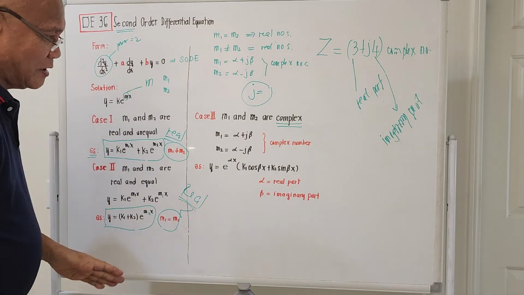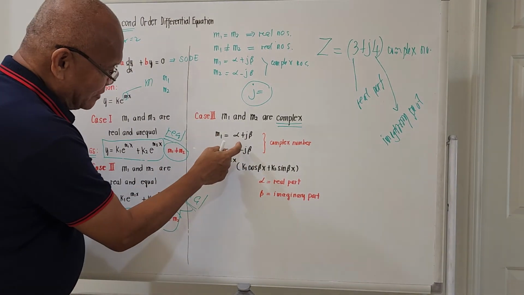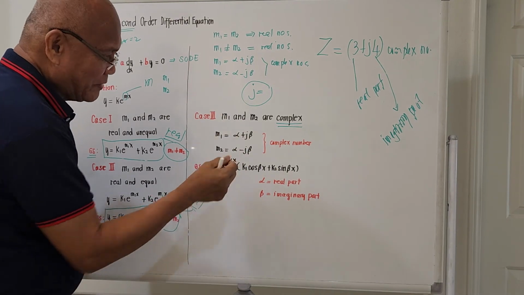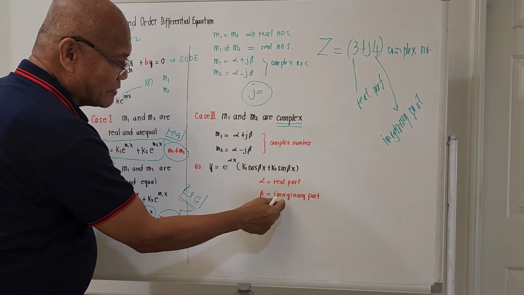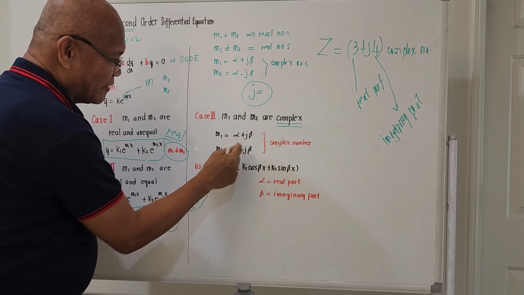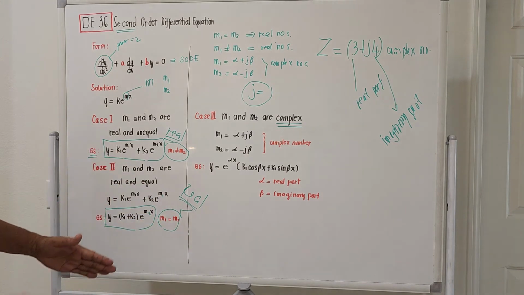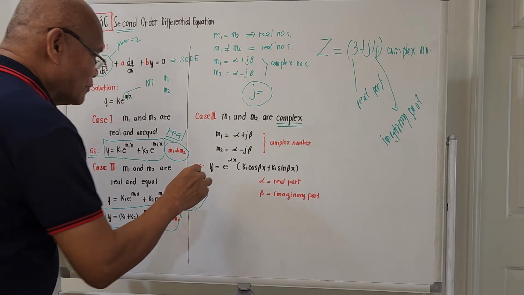How do we know which is which? The term preceded by the j sign is the imaginary part. So this is real part, imaginary part, real part, imaginary part. So if we try to bring out the solution under case number 3, this should be the solution.